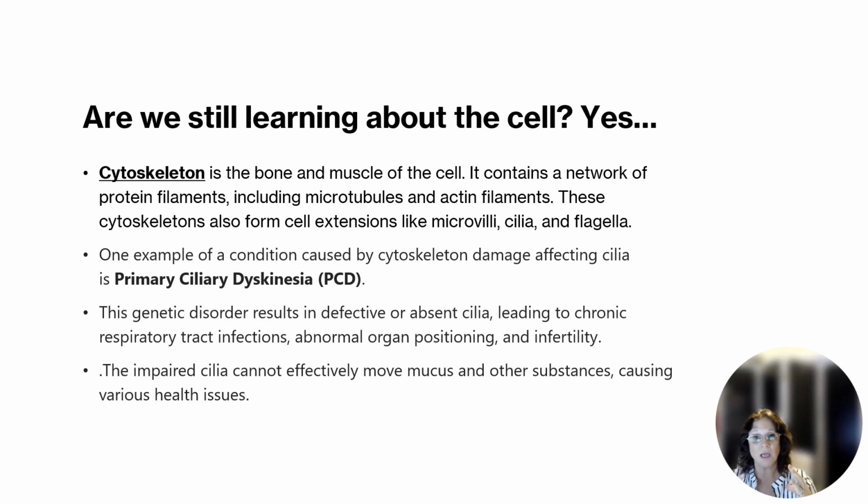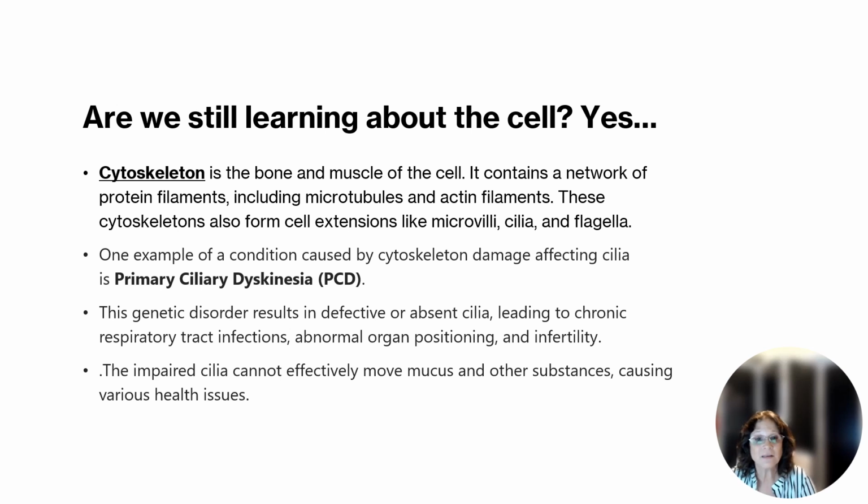So the microvilli, because they are in the duodenum of the intestinal tract, provide more of a surface area for nutrient absorption. So when we have something that impacts those little microvilli or the cilia, we can end up with diseases. So one example of that is actually in the lungs, and it's called primary ciliary dyskinesia, or PCD.